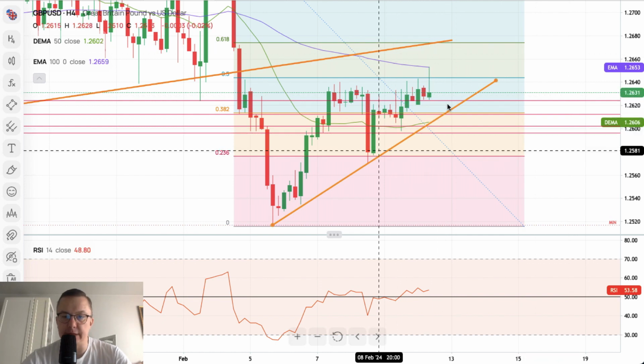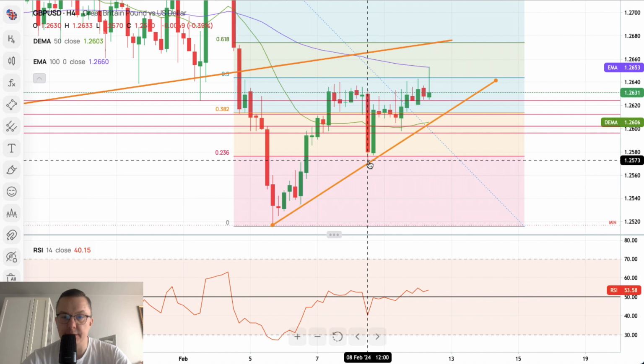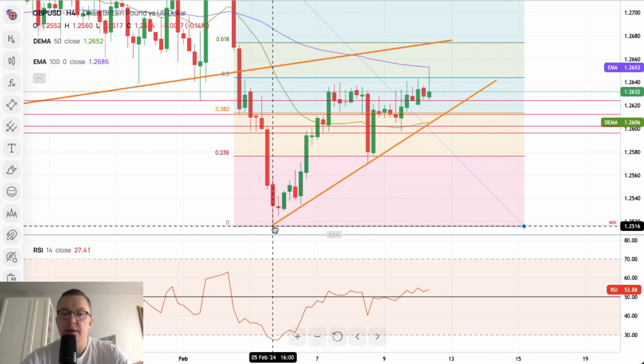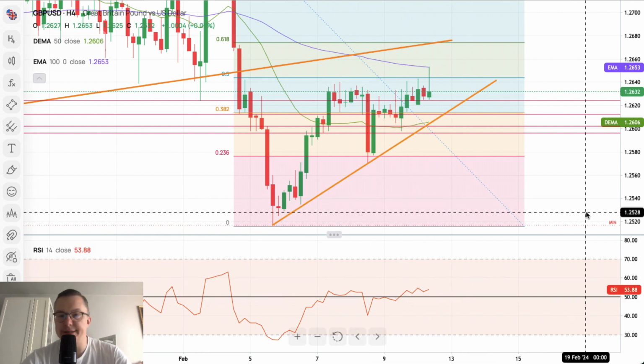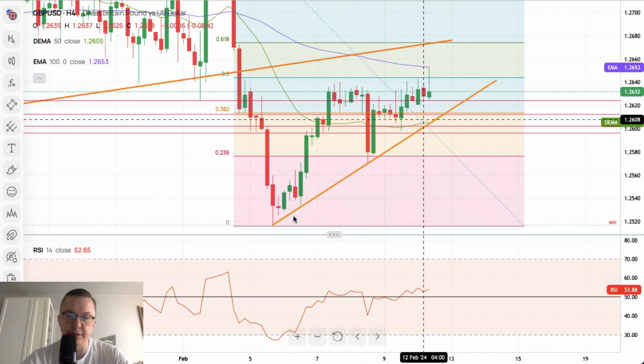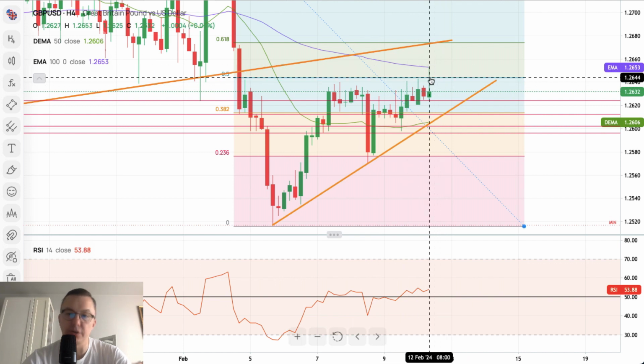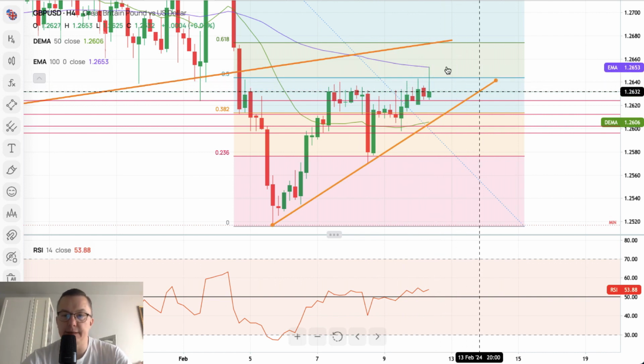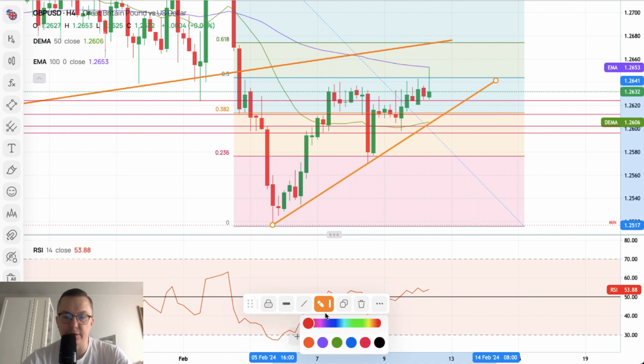So the level would be this low here, which is 1.2570, and then of course the swing low, 1.2517. So it doesn't actually look good, and this movement here doesn't look impulsive as well.